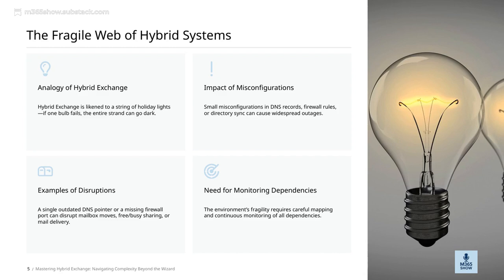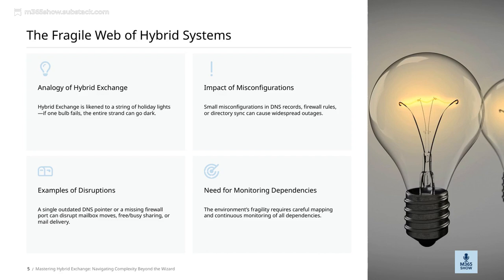These disruptions might affect mailbox moves, free and busy sharing, or even mail delivery. To give you a sense of how delicate this can be, small misconfigurations, whether in DNS records, firewall rules, or directory synchronization, can lead to widespread outages. It's a reminder that every piece needs to be precisely in place.